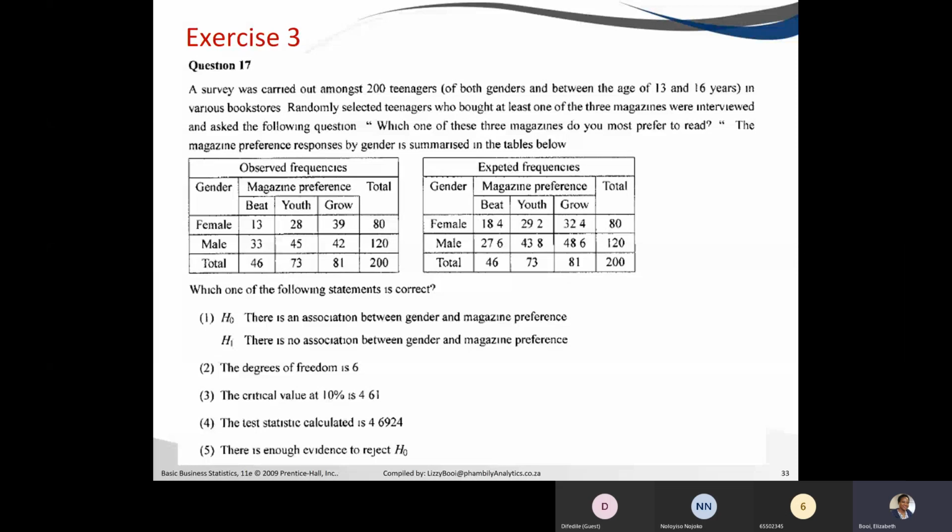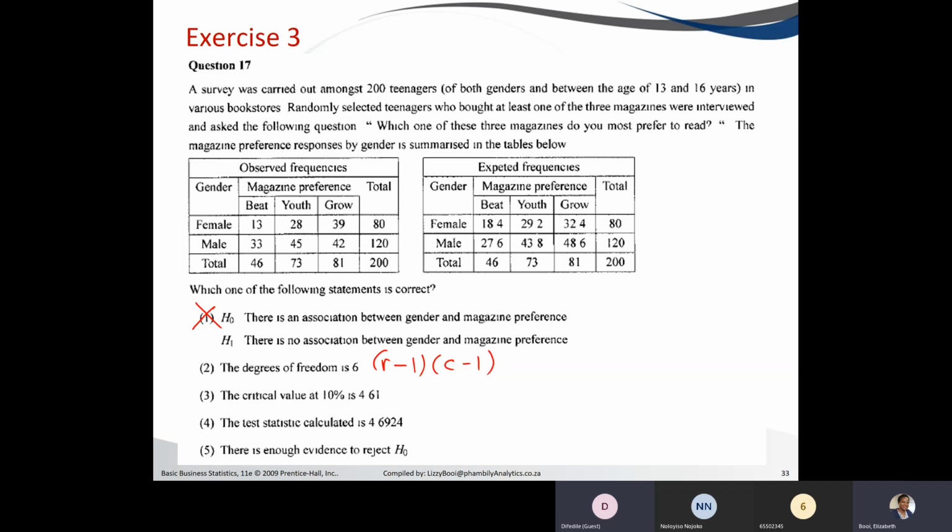Is question 1 correct or incorrect? Remember, the null hypothesis we always state that they are independent, meaning they do not have a relationship. The alternative says they are dependent, so there is a relationship. Is that one correct? That's how you answer those questions. The degrees of freedom is the number of rows minus 1 times the number of columns minus 1.